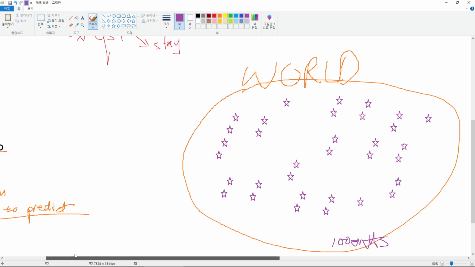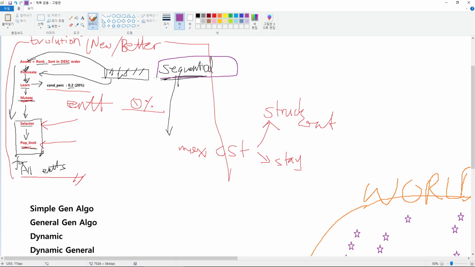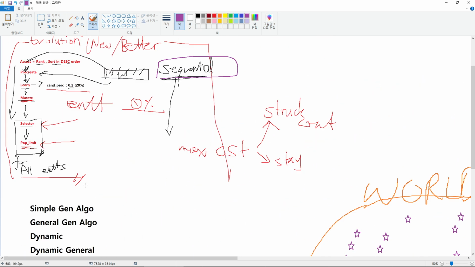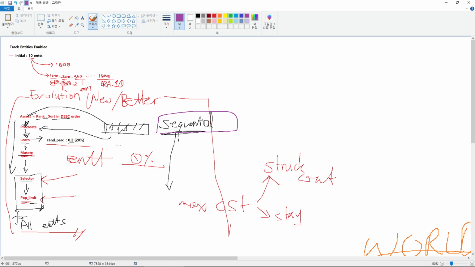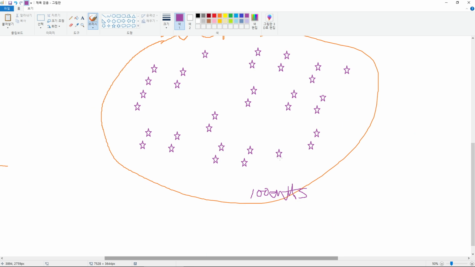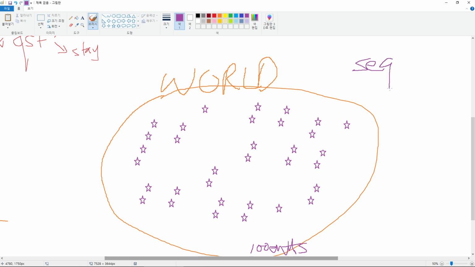As opposed to everything being in a sequential order, which means that all the entities are to go through the assessment, the ranking and the sorting and the procreation, as in parents are chosen from the entities, of course, any entities, because I'm using random selection procreate, and 20% of all entities are chosen because the candidate percentage is 0.2, so that they can learn from the top entities, and then all entities are susceptible to mutation, as opposed to having everything sequential.